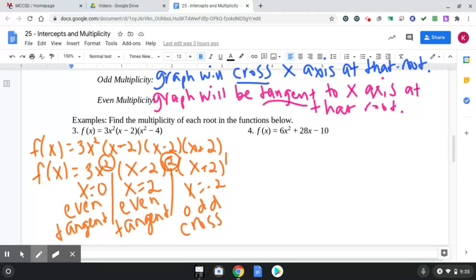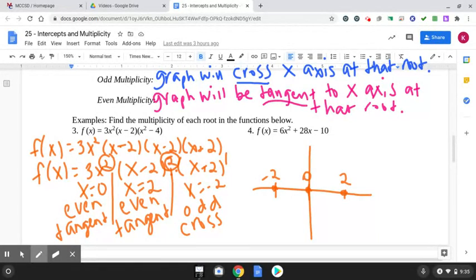So what this graph is going to look like, I'm just going to show you a quick sketch of it. We have negative 2 over here. This is obviously 0. And then we have positive 2, we'll say, over here. Your graph, this is where it hits the x-axis. These are your roots. It is going to be tangent at 0 and 2, and it's going to cross at negative 2.